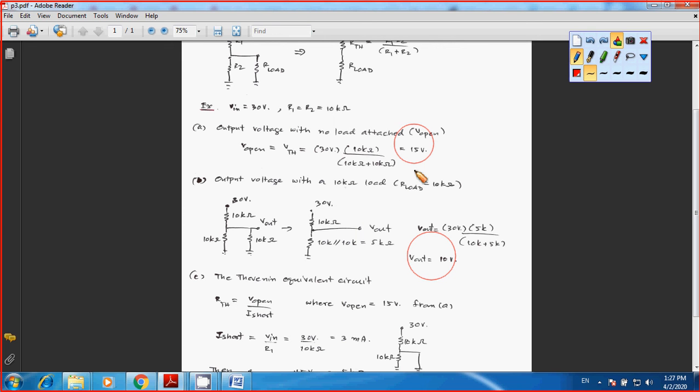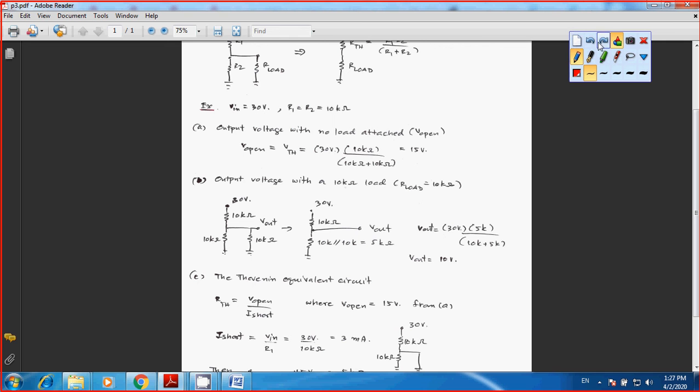Obviously, you can see that your V out drops a lot. If you consider that in terms of percent, you have the voltage dropping from 15 volts to 10 volts when you have a 10k ohms load attached to the circuit.